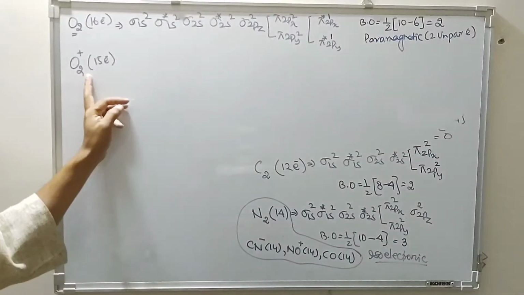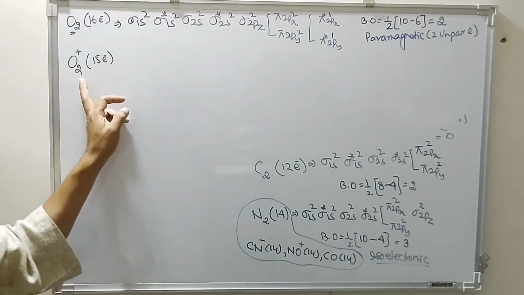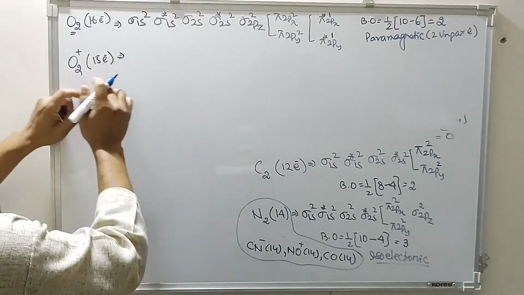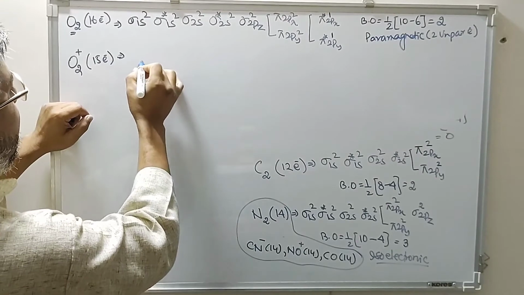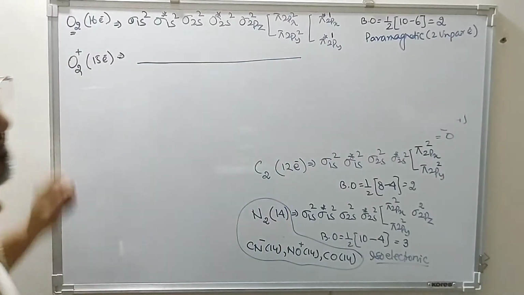Now in the first case, we are removing an electron from anti-bonding, so the stability will increase. Let's prove it. 15 electrons. So look at this, up to here it will be the same.